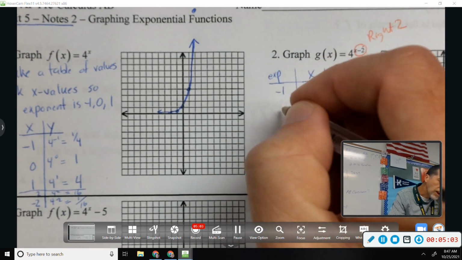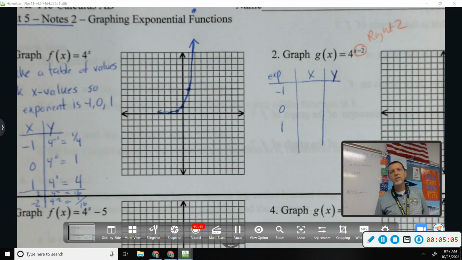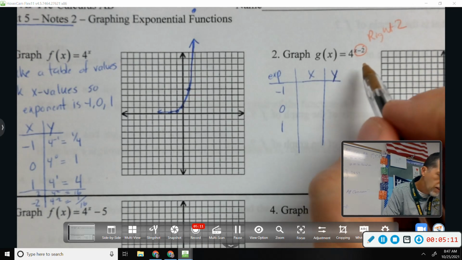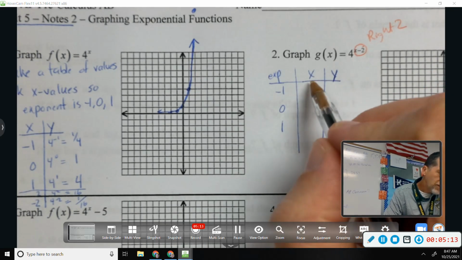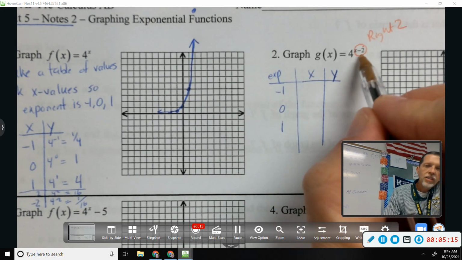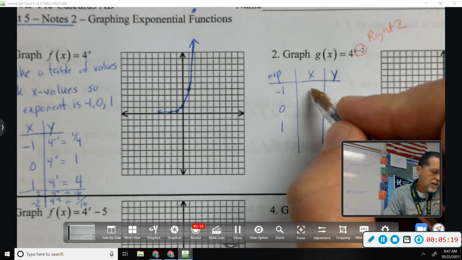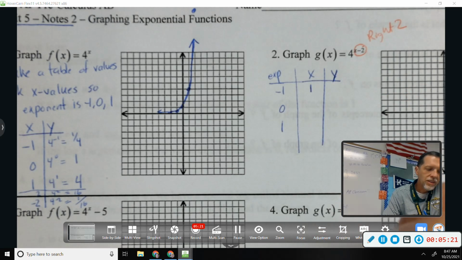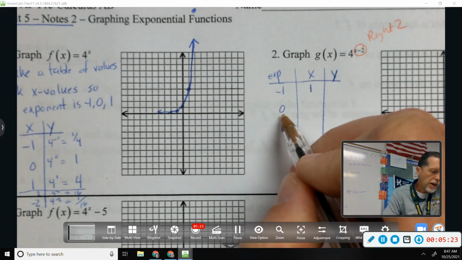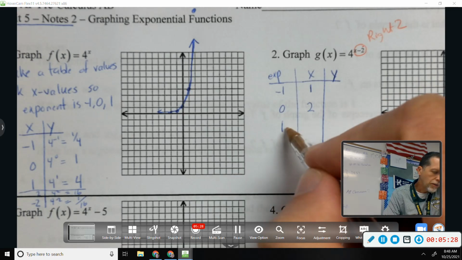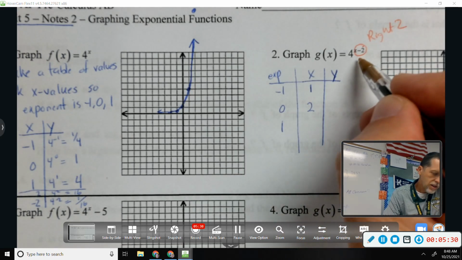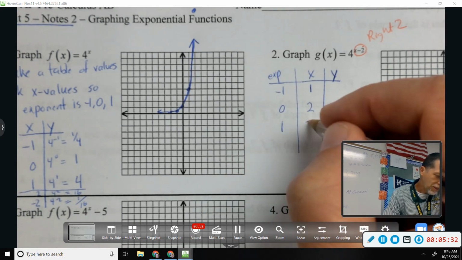We always want our exponent to be -1, 0, and 1. So what value of x should I pick so that my exponent is -1? 1 for this one. And if I want my exponent to be 0, x should be 2. And if I want my exponent to be 1, x should be 3.